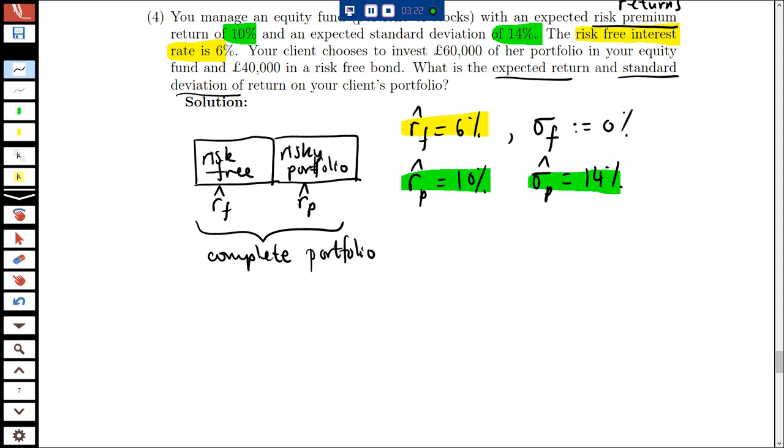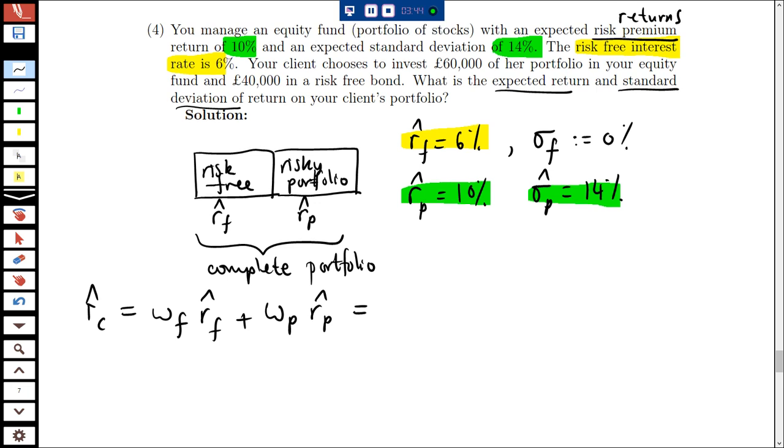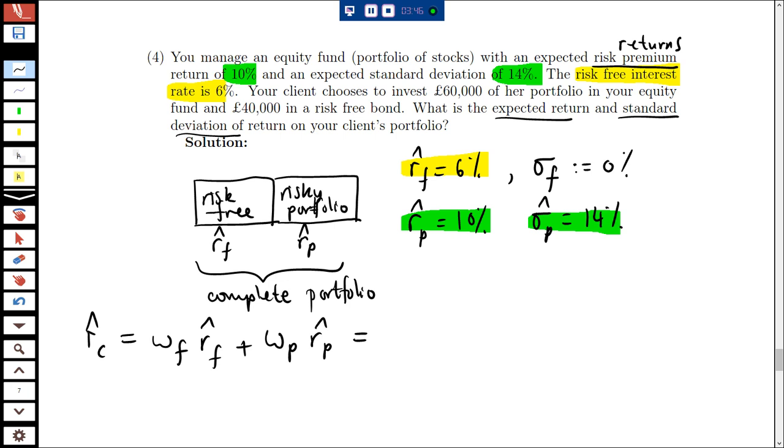So what we're going to use: the expected return on the complete portfolio is the weight in the risk-free times the expected return, plus the weight in the risky portfolio times the expected return. Now we're given the numbers, 60,000 in equity, so that's the risky bit, and 40,000 in the risk-free.